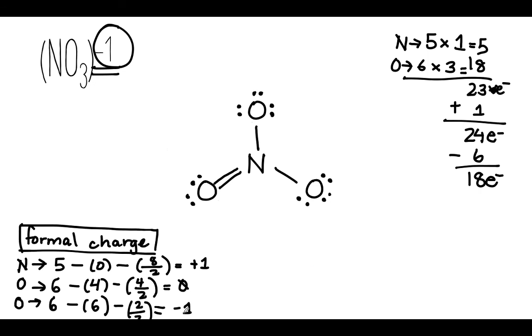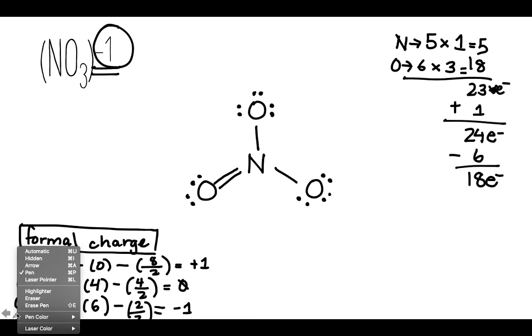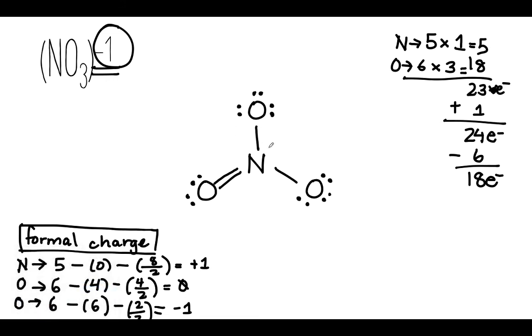So if I take a look here, I have the nitrogen in the center that has a charge of +1. Each of these oxygens is going to have a charge of -1. This has a charge of 0. So I've got +1 in the middle, -1 here, -1 here.